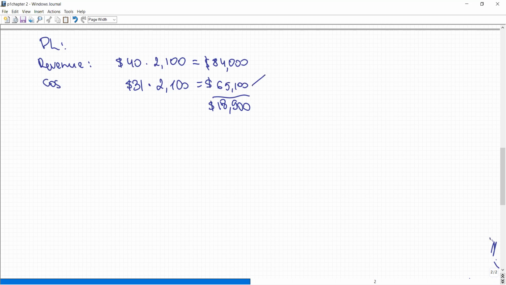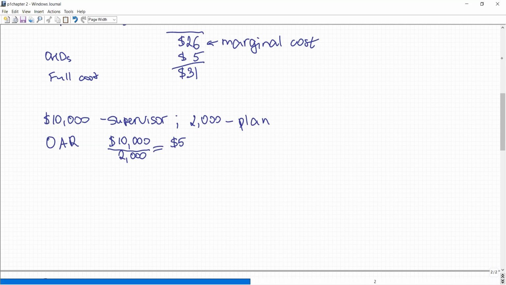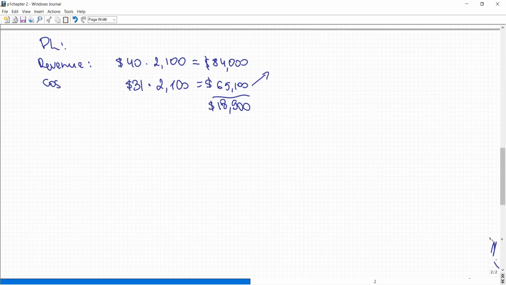Well, the problem is that we actually paid not that much. Why? Well, we indeed paid $26 multiplied by the number of units sold, which is 2,100. So for our direct expenses, which depend on the number of units sold, we paid 54,600.